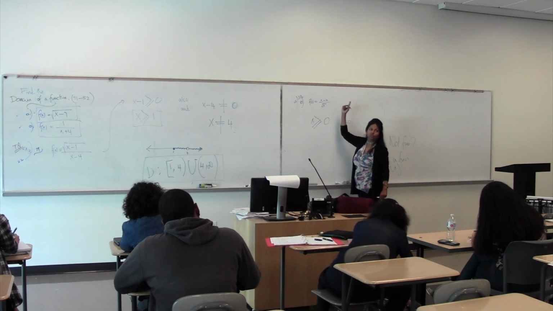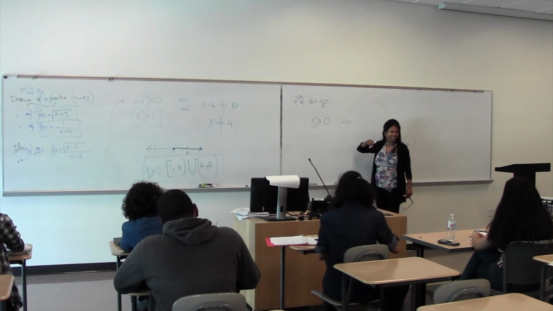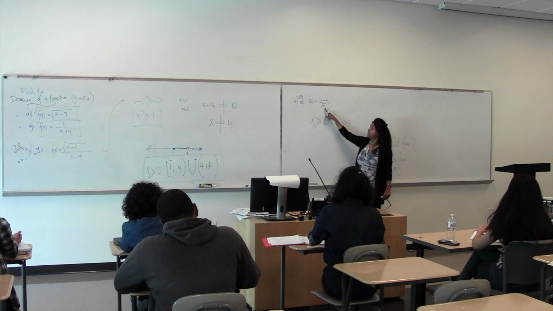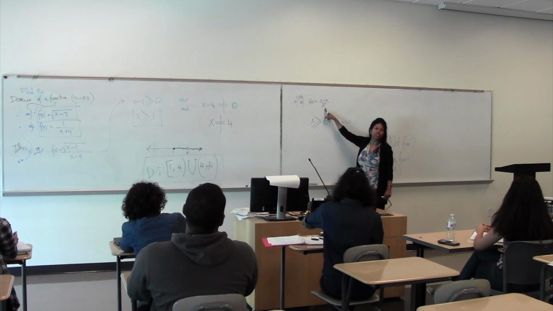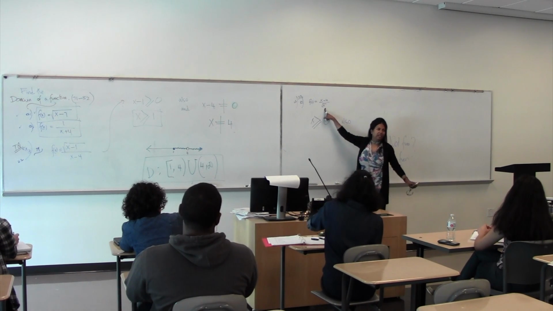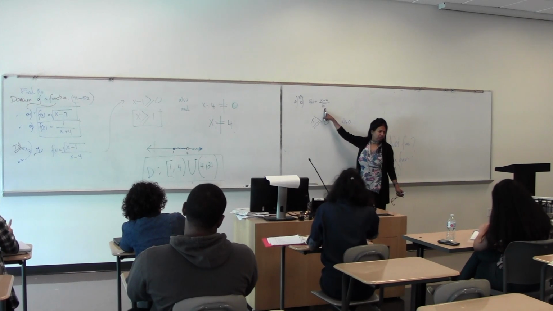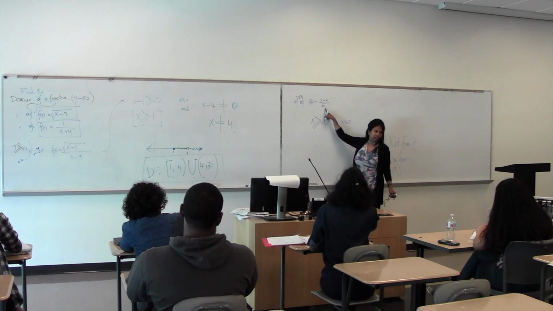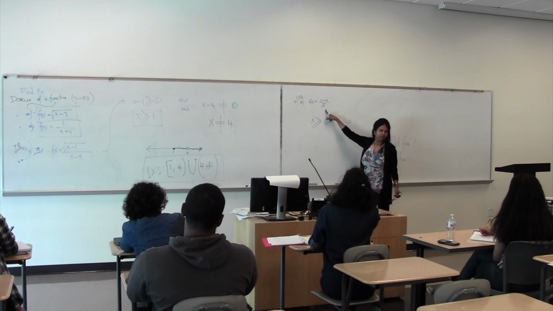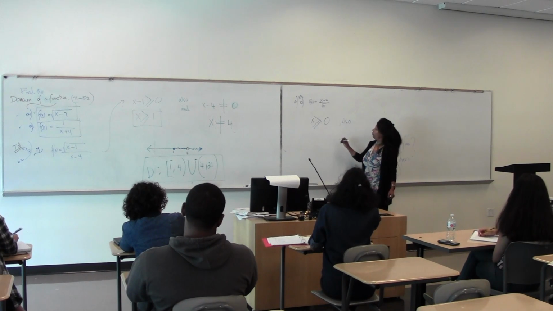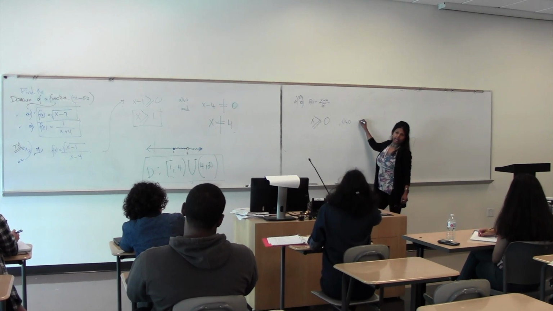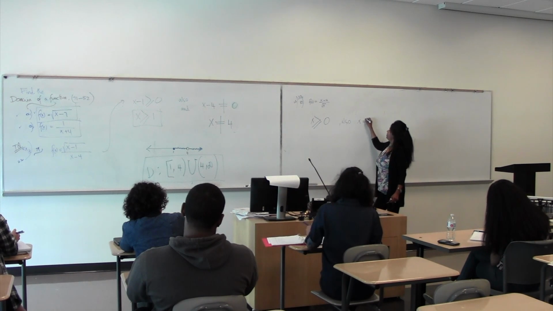If X is equal to 0, square root of 0 is 0, correct? So we can't let the denominator go to 0. So here there's a restriction and a square root. Okay? So what else are we going to say? X not equal to 0.